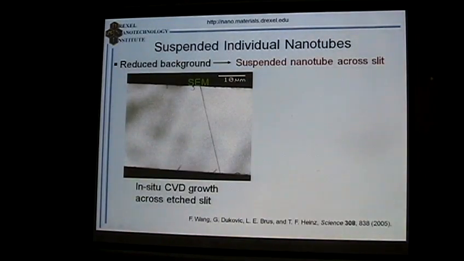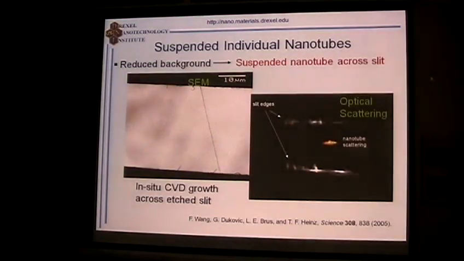What people did, they put single nanotubes grown between, or positioned by dielectrophoresis between, two electrodes, so that you have a suspended nanotube, and this is an SEM image. You see this nanotube bridges the gap between two edges here, and you can see scattering coming from a single nanotube.